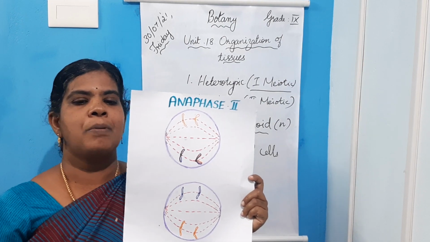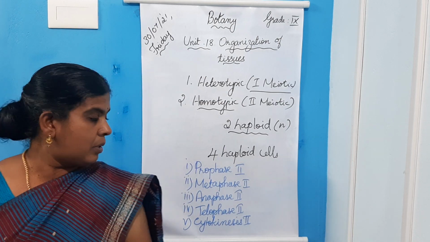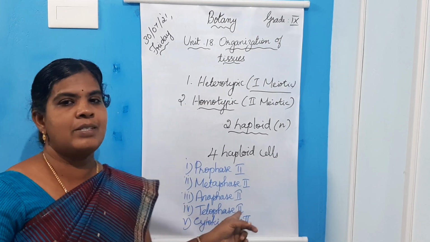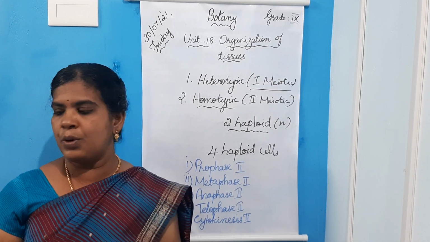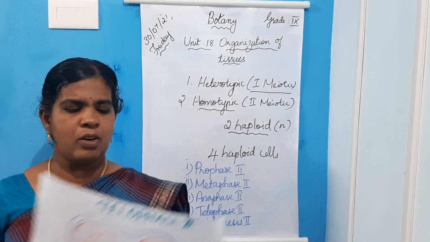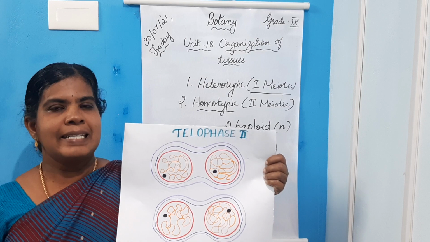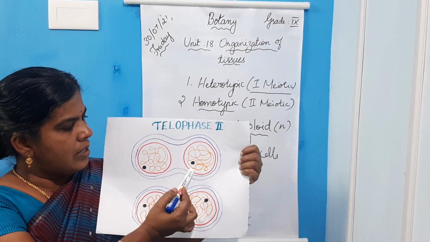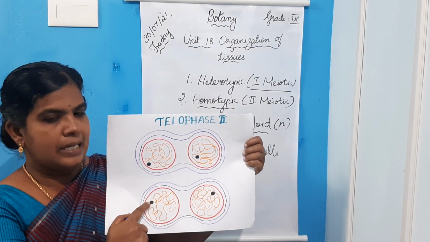What about the next phase? Telophase 2. Now the daughter chromosomes are centered, and the nuclear membrane and nucleolus start to appear inside the cell.